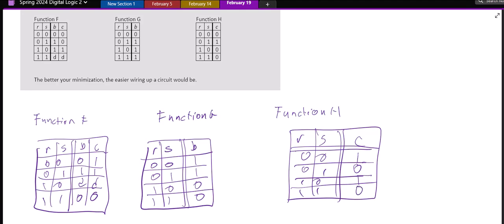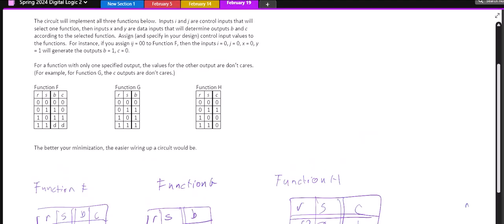Okay, so now, we are told that we can assign I, J to whichever functions we want.